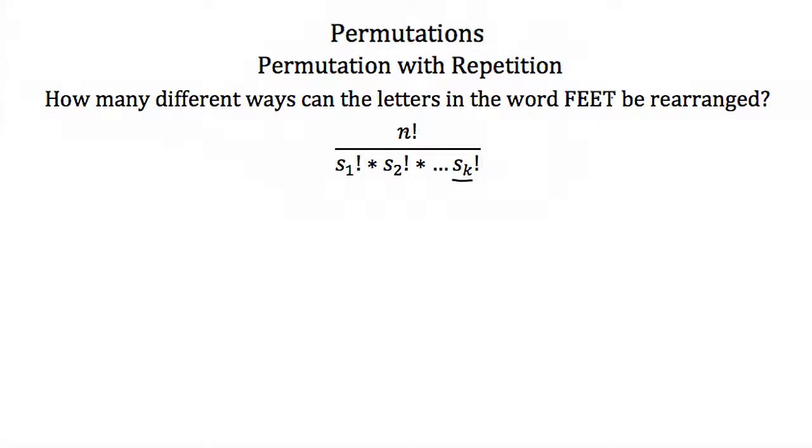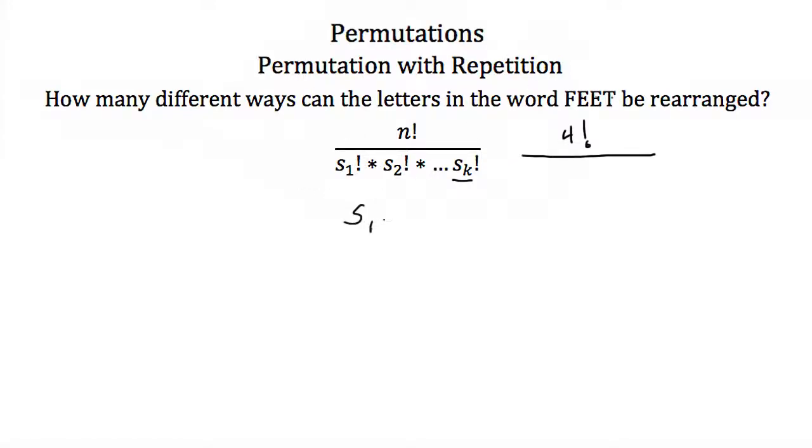So we start with our n factorial, and in this case, since there are 4 letters, we would have 4 factorial. But then we would divide this by the factorial of the number of occurrences of each type of letter.